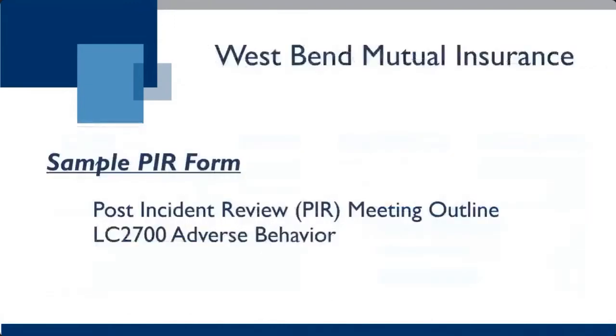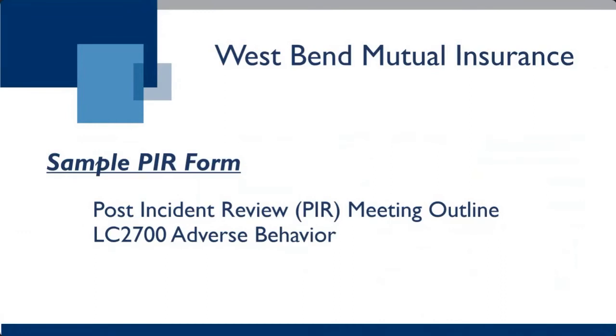So now, the form that we put together, this is the sample form. We are still perfecting this and getting everything approved to be released and made available for you folks. Once we have it out there, you can take it and make changes to it based on your organization.